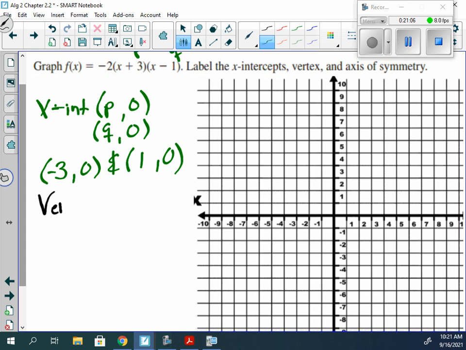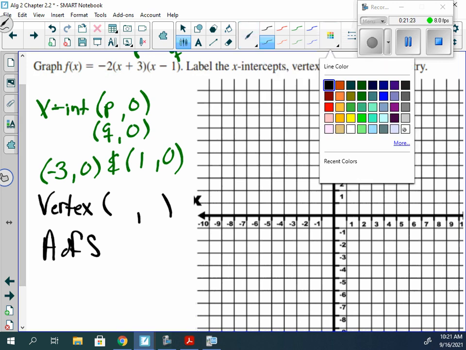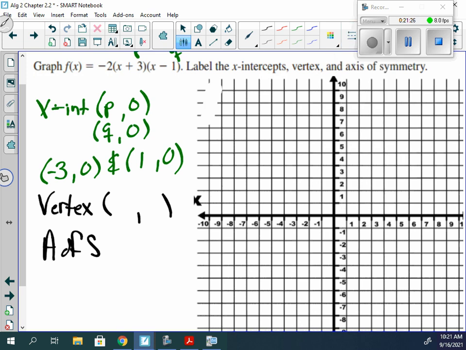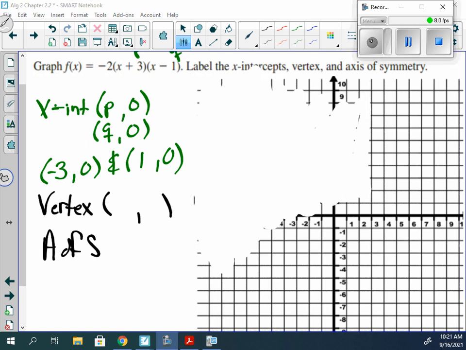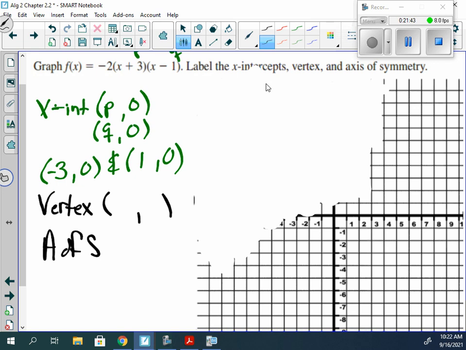Well, we'll find the vertex next. And the axis of symmetry. Now, to find the axis of symmetry, x equals the x value of the vertex, we need to do what?